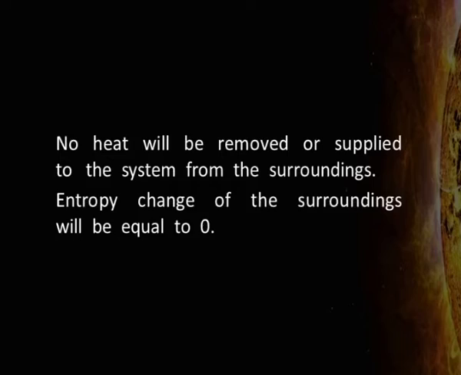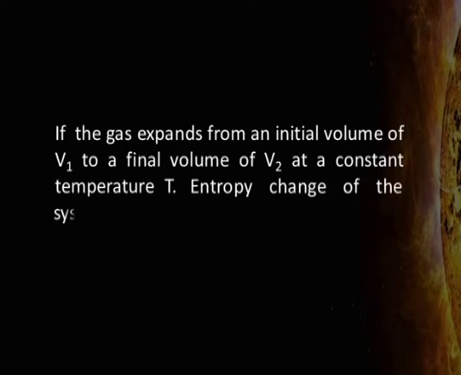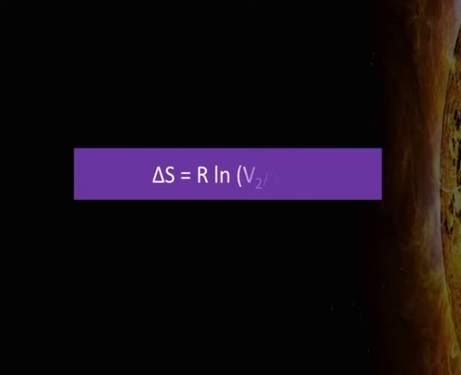You also know that entropy is a state function, that is, it depends only on the state of the system, on pressure, temperature and volume. If the gas expands from an initial volume of V1 to a final volume of V2 at a constant temperature T, then the entropy change of the system will be given by the equation delta S equal to R natural log V2 divided by V1.